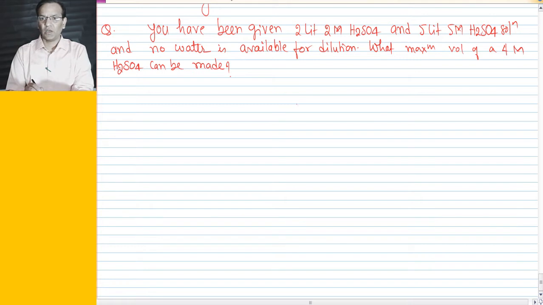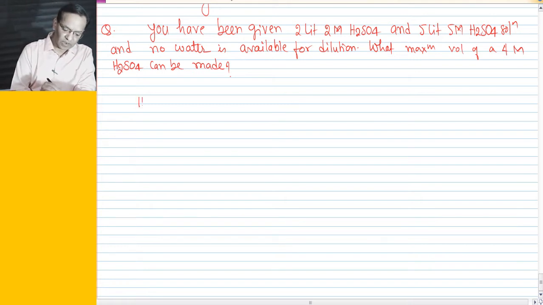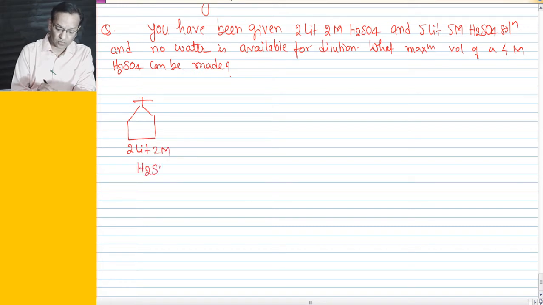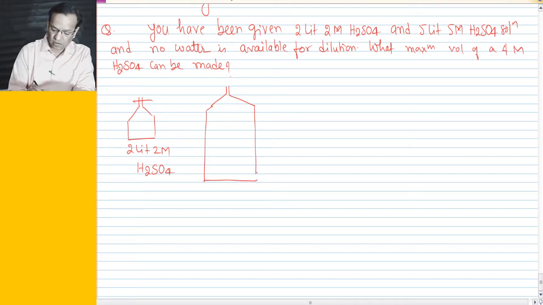The question is that you have been given in the laboratory 2 bottles. One bottle contains 2 liter 2 molar H2SO4. Another bottle contains 5 liter 5 molar H2SO4 solution.